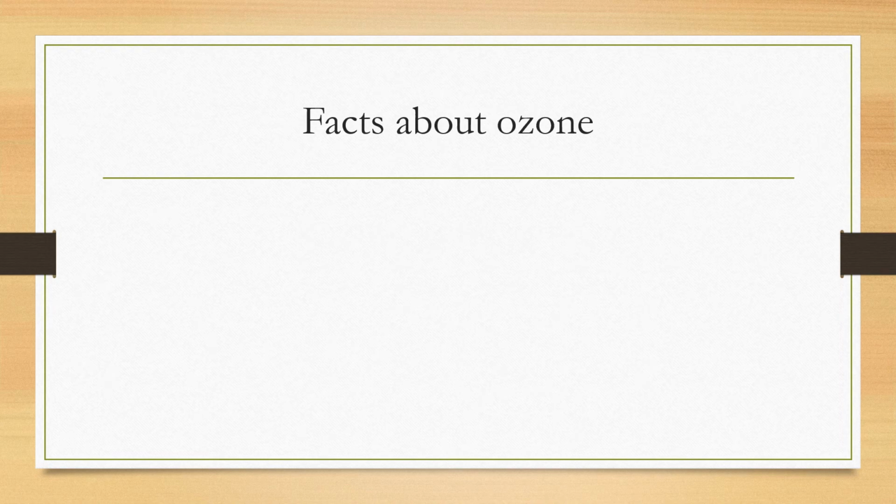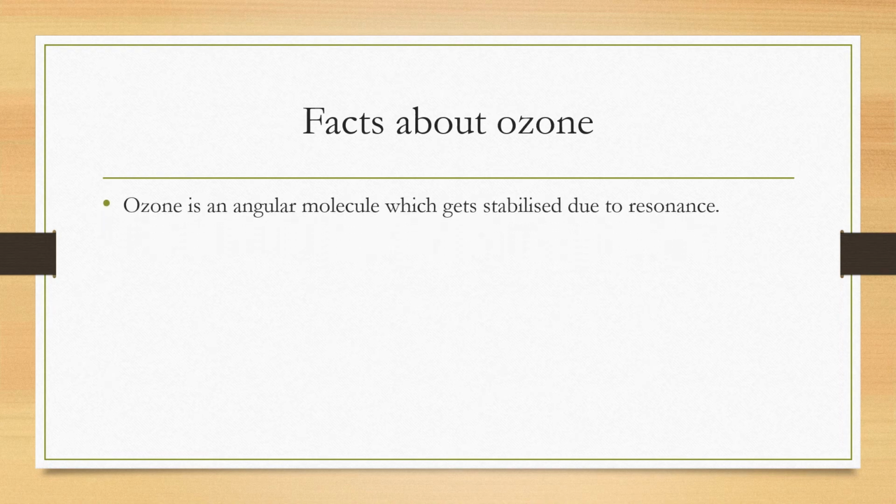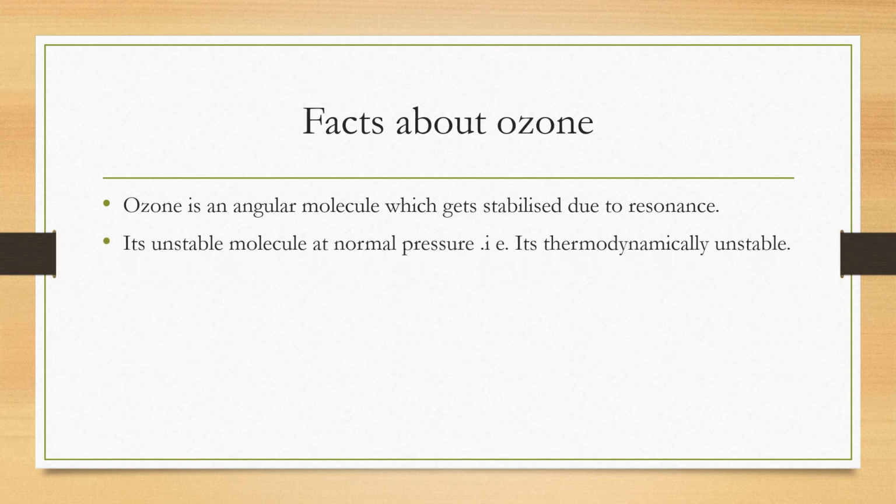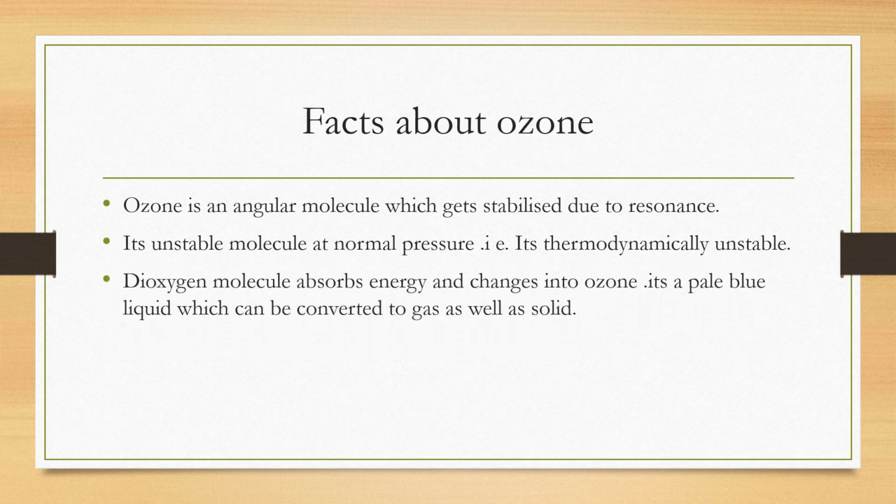Facts about ozone. Ozone is an allotrope of oxygen which has an angular shape, and it is stabilized by resonance. It is an unstable molecule at normal pressure, that is, it is thermodynamically unstable. When a dioxygen molecule absorbs energy, it changes into ozone.